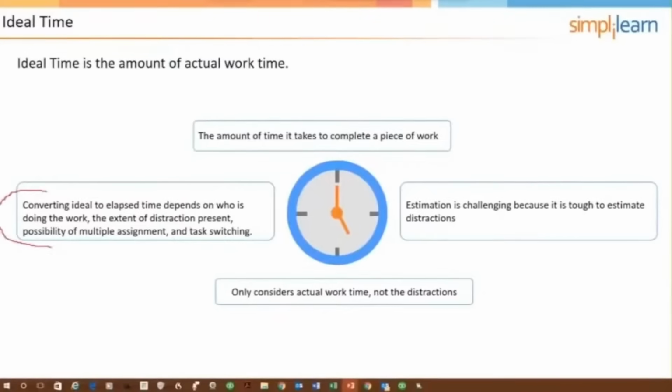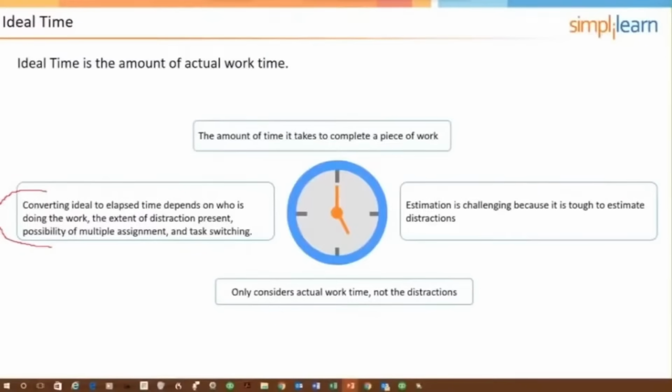So it has to be converted into elapsed time. Now, we don't convert it to elapsed time at the user story level, but we do convert it to elapsed time when we are dealing at the task level. And what that looks like is, for each team member, you're going to have to do it separately, because some team members have more distractions than others. Some might have other duties that pull them away.